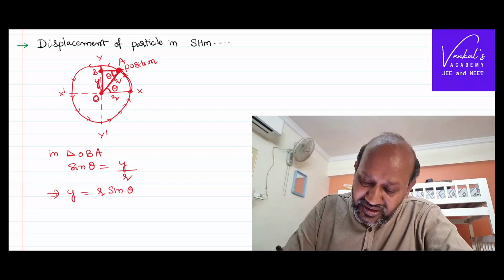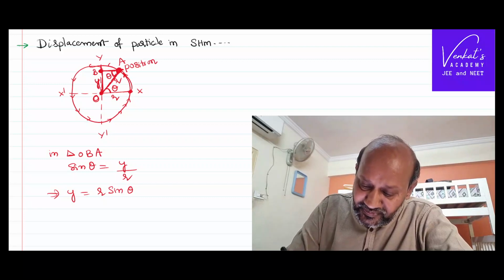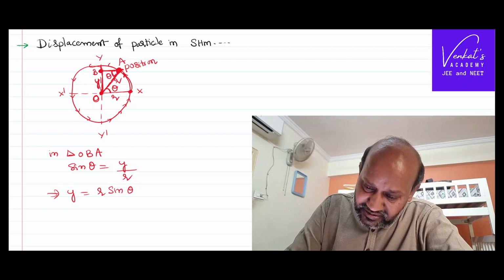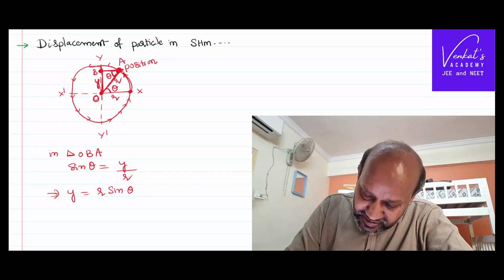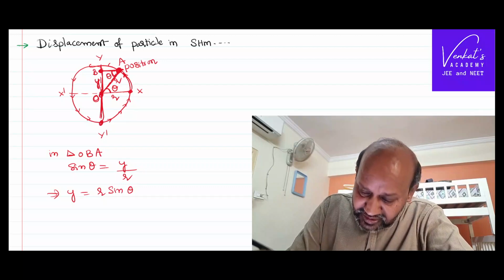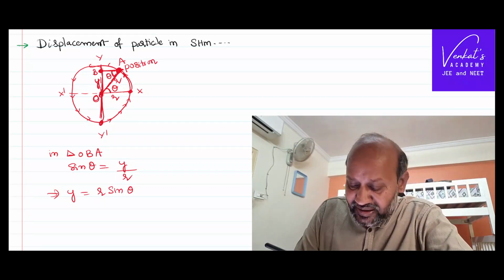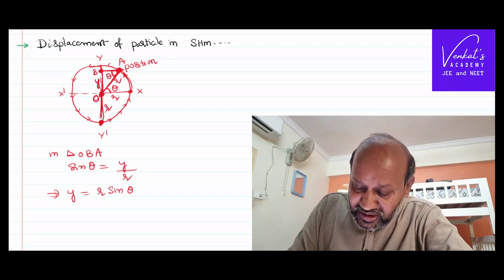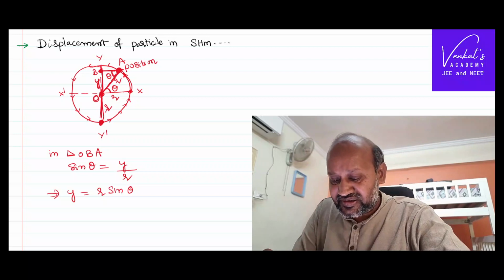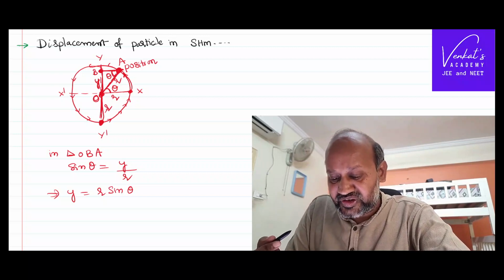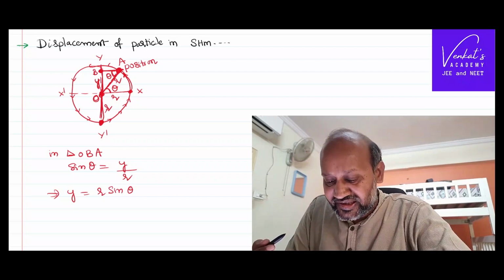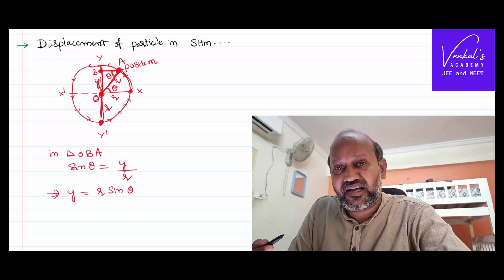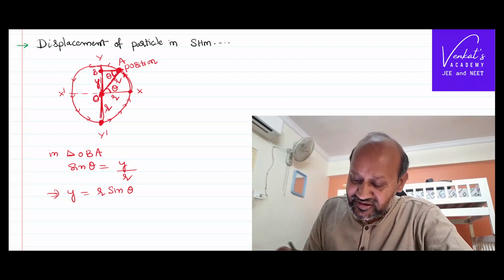But if you notice, this r, from here to here, is the maximum possible displacement of the vertical projection. Your vertical projection cannot be more than the radius of that circle because you are drawing a vertical projection on the y-axis from the origin. So the maximum distance from the origin on the y-axis is nothing but the radius of the circle, right?